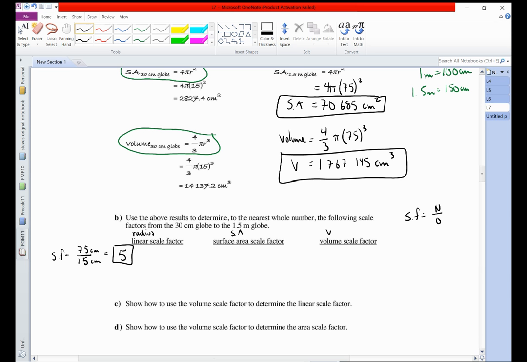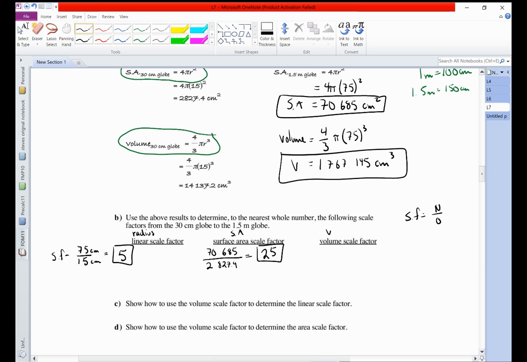The surface area scale factor is going to be our new surface area, 70,685, divided by our original surface area, 2,827.4. That gives us 25.